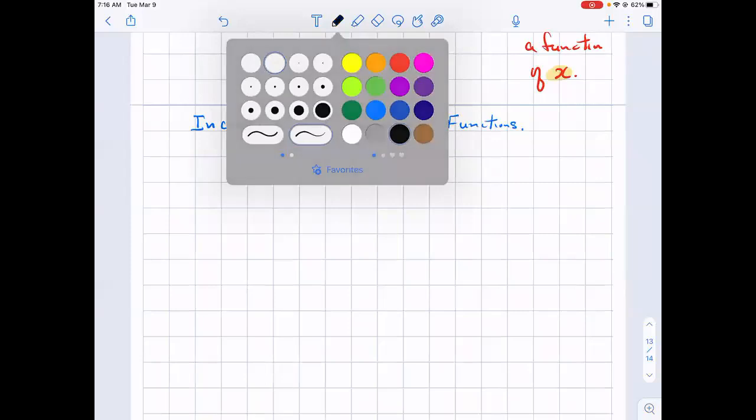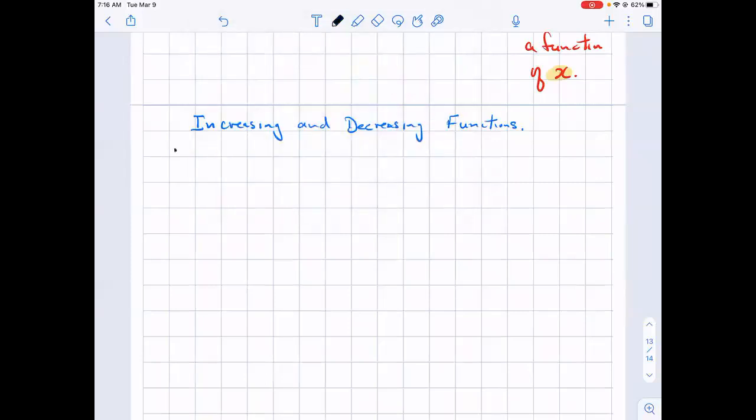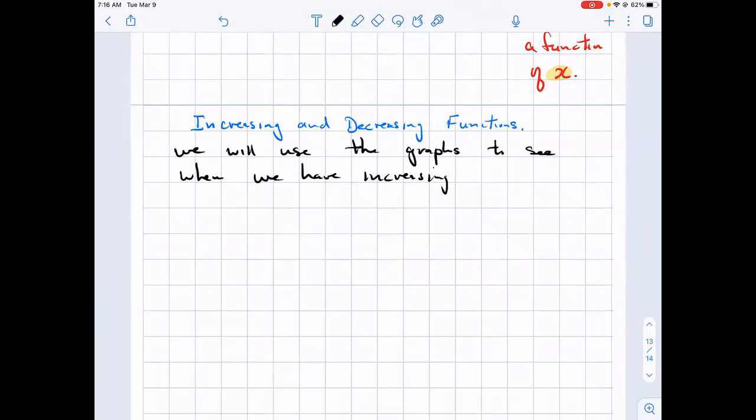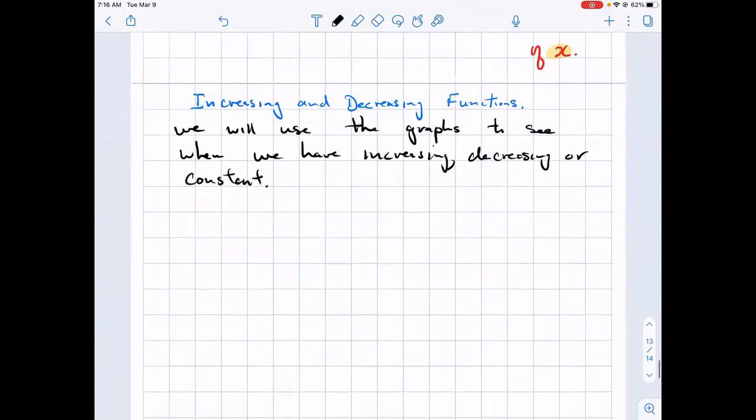So we will use the graph to see when we have increasing, decreasing, or constant. Okay.